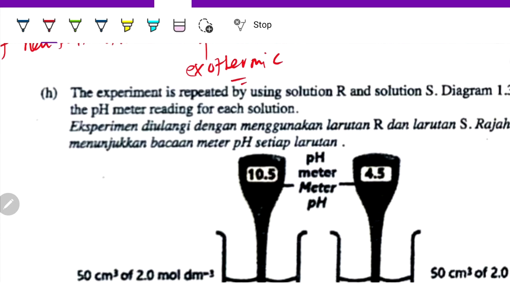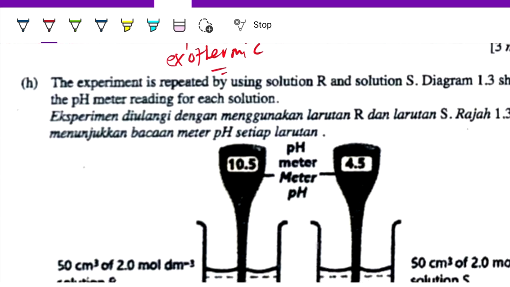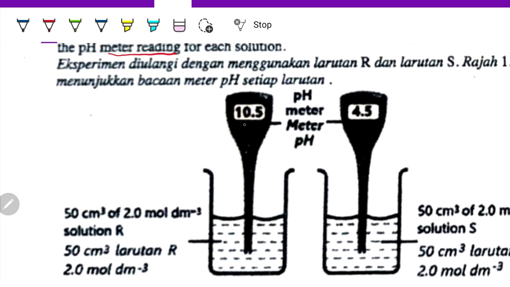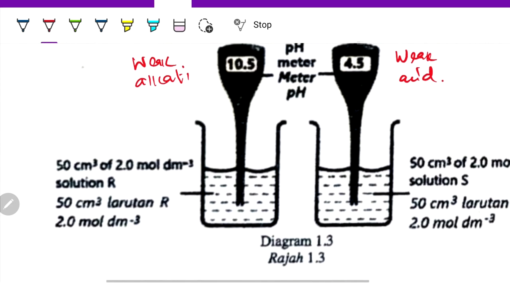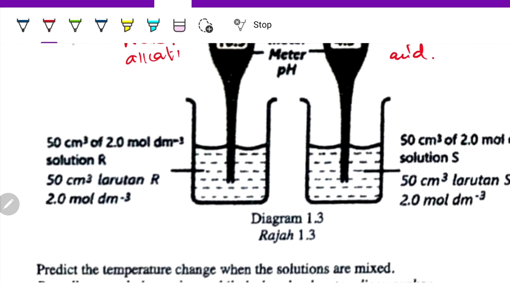The experiment is repeated using solution R and solution X. Diagram 1.3 shows the pH meter reading for each solution. Here 10.5 is roughly a weak alkali. 4.5 is a weak acid. Then use the same volume and same concentration.